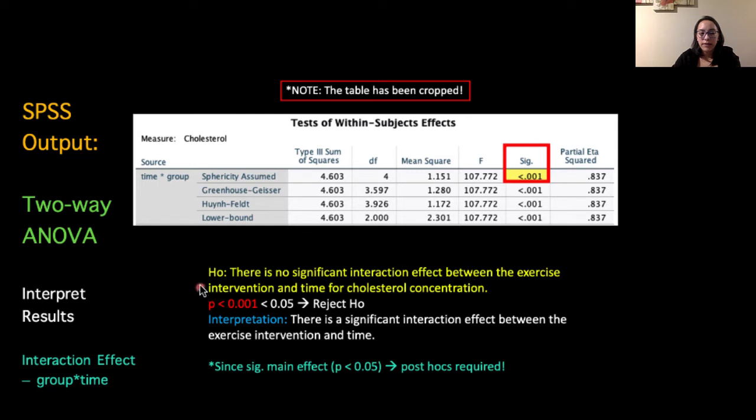So the null hypothesis for the interaction effect says that there is no significant interaction effect between the exercise intervention and time for cholesterol concentration. We reject this null hypothesis and say that there is a significant interaction effect, which means that we need to look at post hoc tests to figure out which time points were significantly different from each other within each of our groups, and then which of our groups were significantly different from each other within each of the time points.